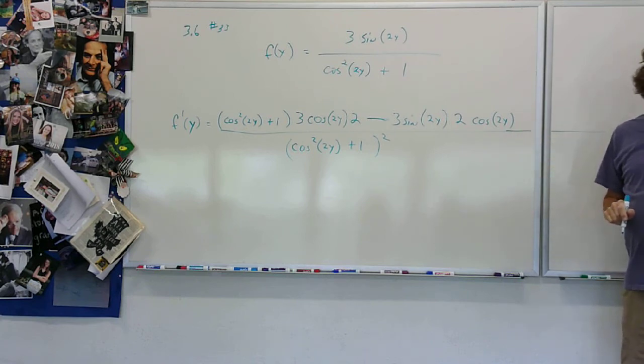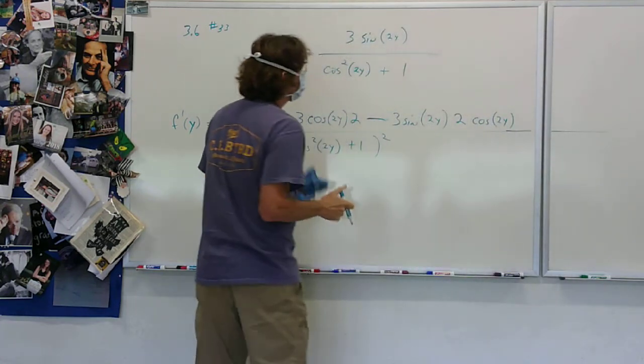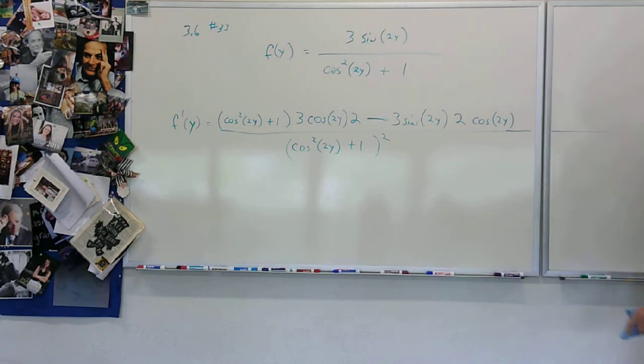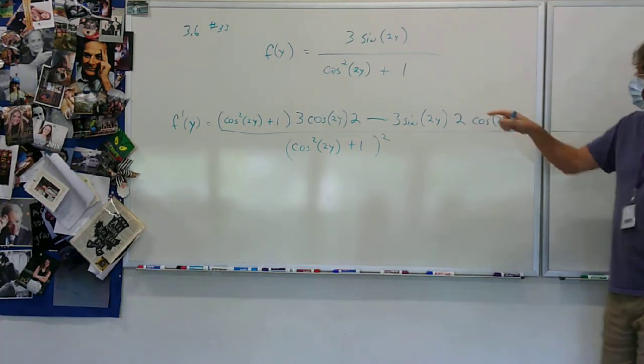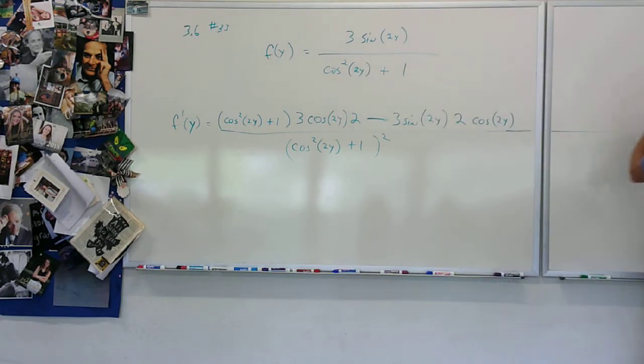Can you repeat that? Yeah. Let me help you out here. We've got cosine 2y and put a 2 above it like that. That 2 there really means all of this.